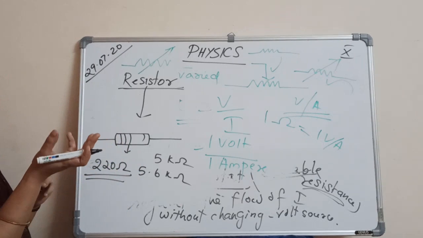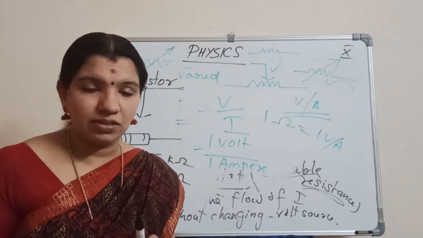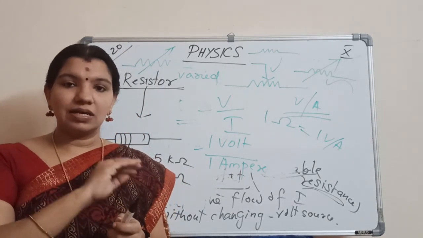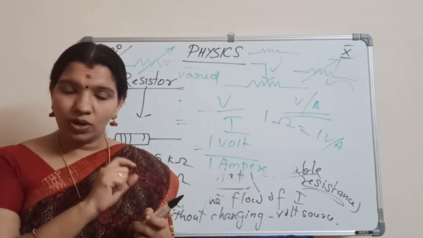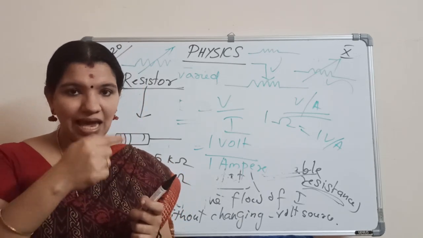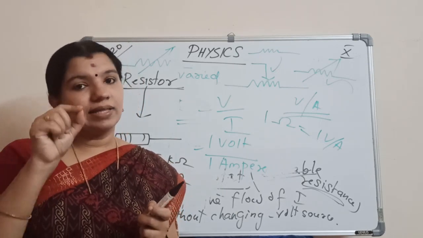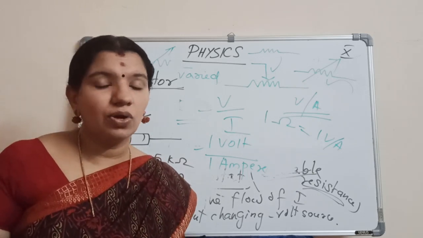There may be cases where we have to use fixed values of resistors in electrical appliances. These resistors have a fixed value for their resistance. It cannot be changed; it is already made like that. It has colored rings, each color has a value, and that total value you calculate in your higher classes.